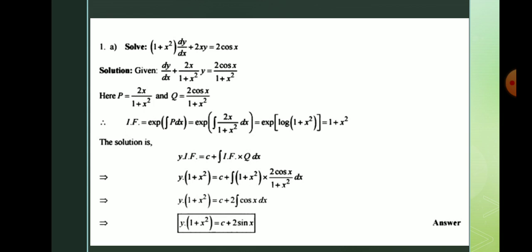So we know that a solution of a differential equation is a relation between the variables, such that this relation and the derivatives obtained from it satisfy the given differential equation.